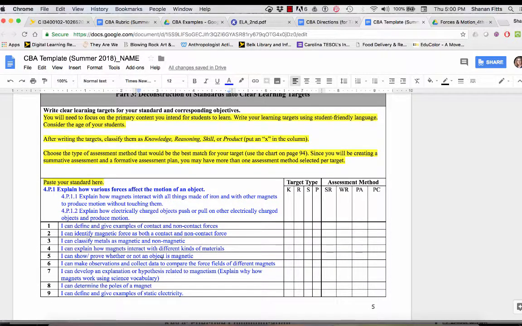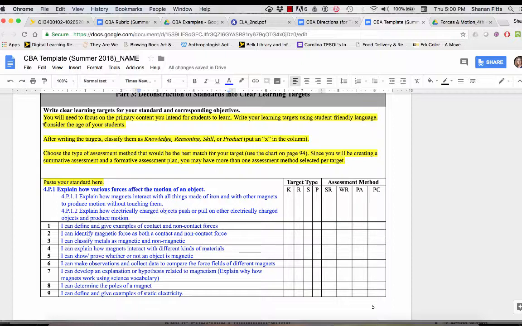So I'm putting some examples here. I may have missed some things, and some of my examples, if I were going to use these to develop lesson plans, I might combine some of them in the same lesson. So these are, again, just examples, but these should be written, like I said, in student-friendly language.